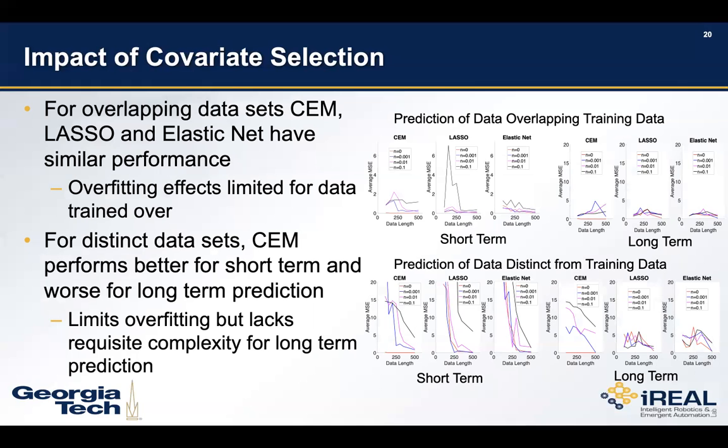However, when we move on to the case of long-term prediction, we see a slightly different story. In this case, lasso and elastic net actually have improved performance. And the reason for this is that in the case of long-term forecasting, the causation entropy matrix, due to being overly sparse, is not able to actually represent the entire dynamics of the system.